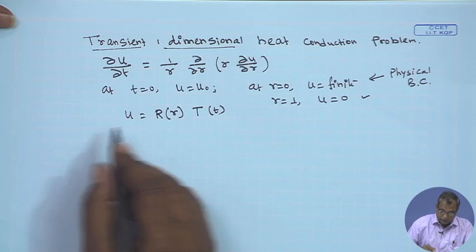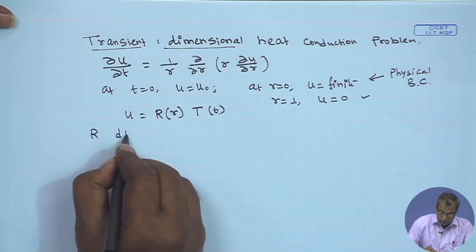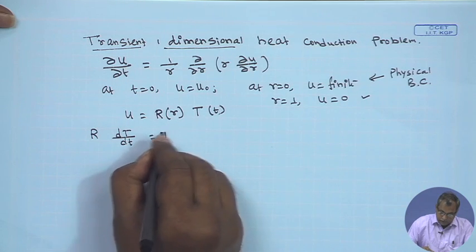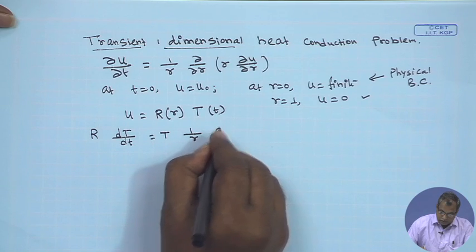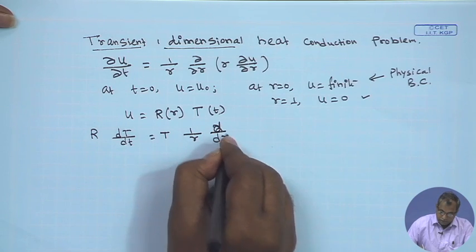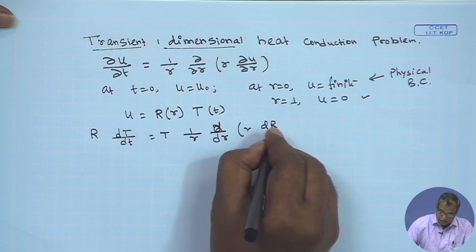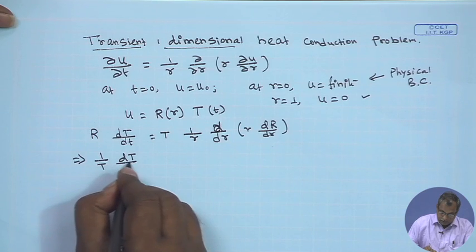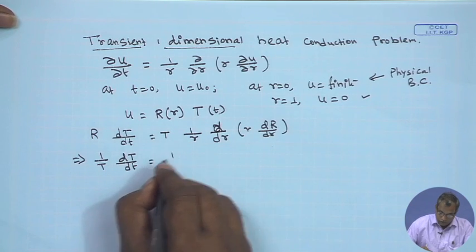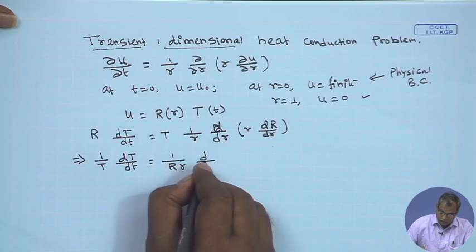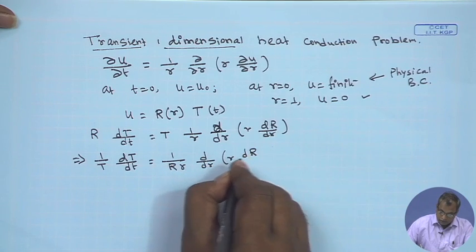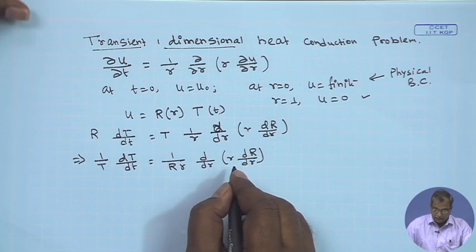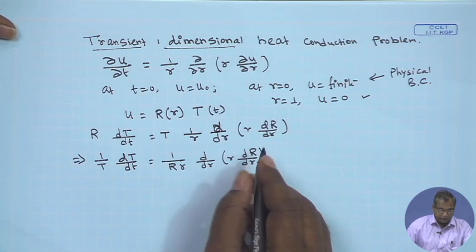If we do that, we get 1 over T dT dt is equal to 1 over R times 1 over r d dr of r dR dr. The left hand side is entirely a function of time, the right hand side is entirely a function of space, they are equal and they will be equal to some constant.